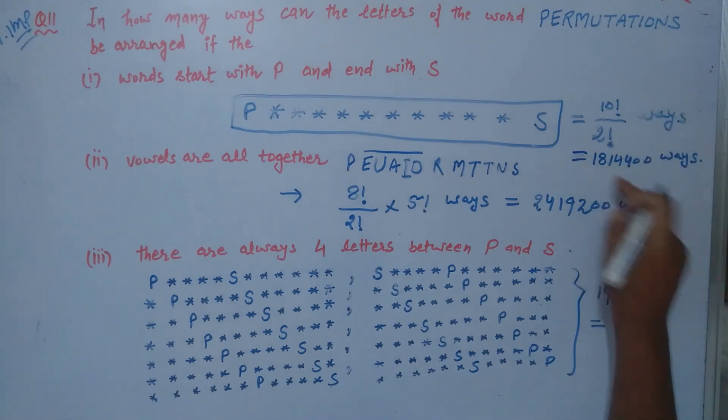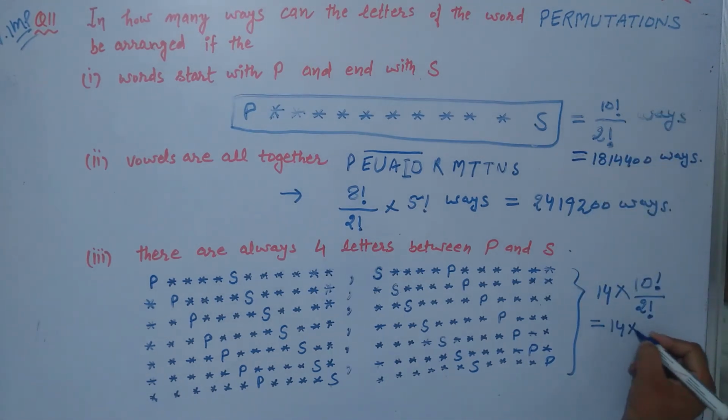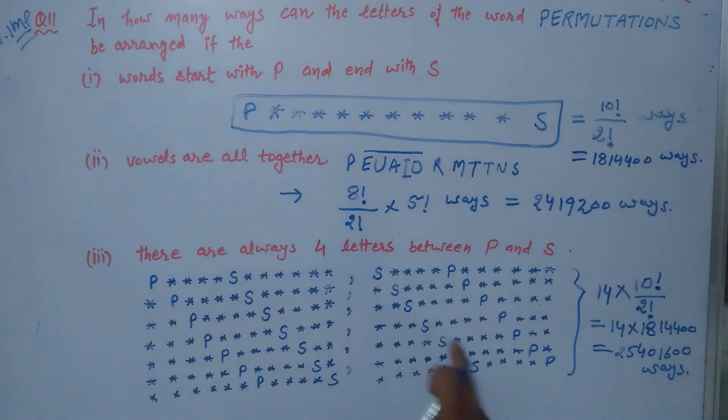That we already have as the answer: 14 into 18 lakhs 14,400. So finally multiplying this, we get 2 crore 54 lakhs 1,600 ways. So this is the final answer to this question. That's all. Thank you very much.